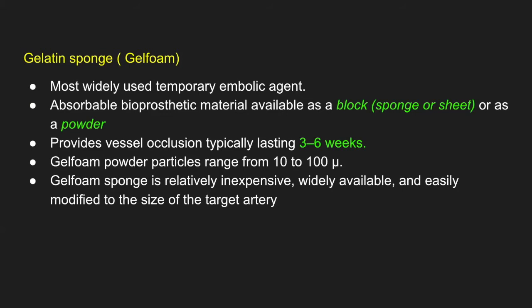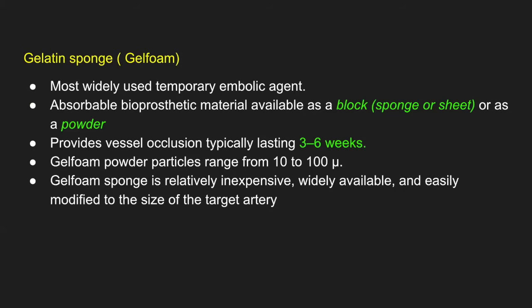It is an absorbable prosthetic material available as a block, which can be a sponge or a sheet, or as a powder. It provides vessel occlusion that typically lasts 3 to 6 weeks. Gelfoam powder particles can be available from 10 to 100 microns.